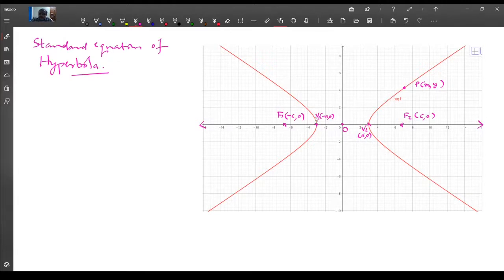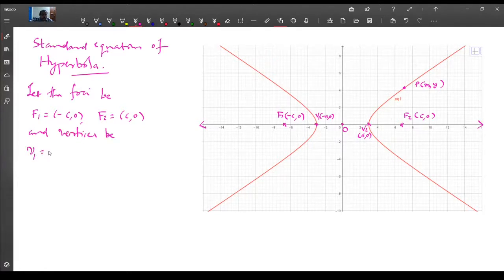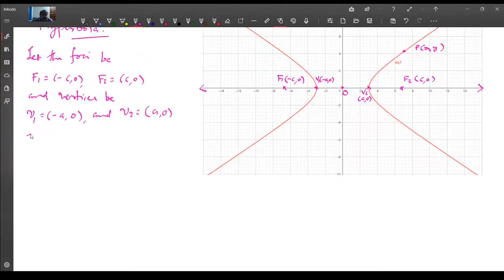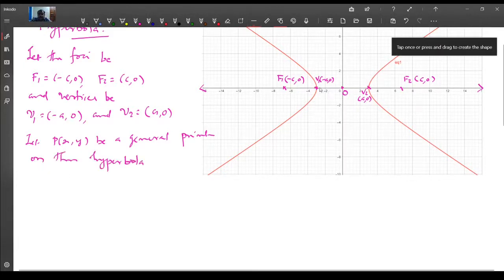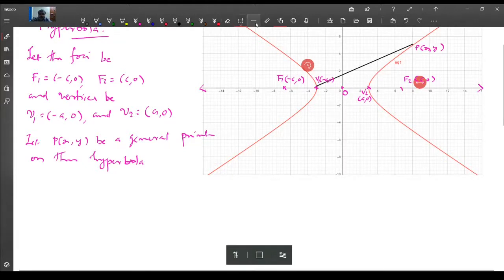Now we derive the standard form equation. Let the foci be F1 = (-c, 0), F2 = (c, 0), and the vertices be V1 = (-a, 0) and V2 = (a, 0). Let P(x, y) be a general point on the hyperbola. Draw F1P and draw F2P.